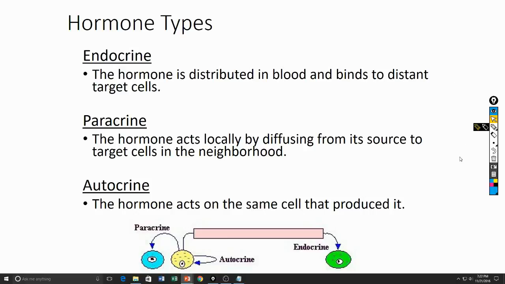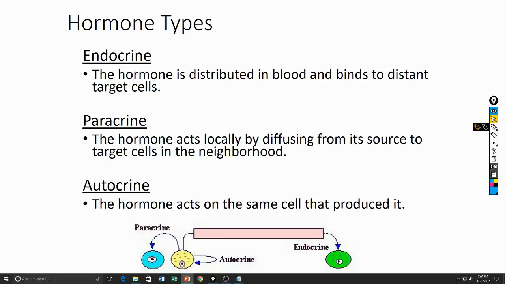Like I say, we're not really going to talk about autocrine or paracrine hormones, largely because, truth be told, we don't know a lot about these guys. It's a lot harder to measure these types of hormones because our ability to really get into a human cell and figure out what's going on inside of it is somewhat limited.